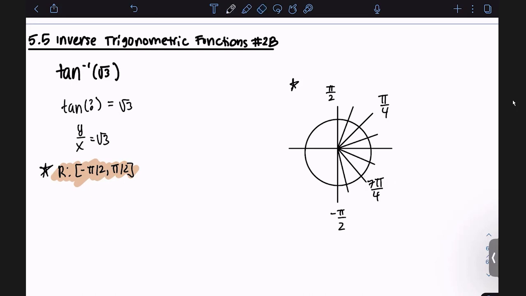Okay, and then the rest of them, they all have pi, right? And I already said 7, 11, right? So 5, 7, 11. And then the denominators are either going to be 6, 4, or 3.